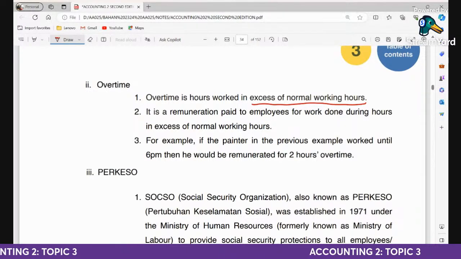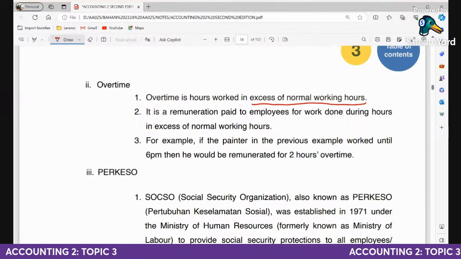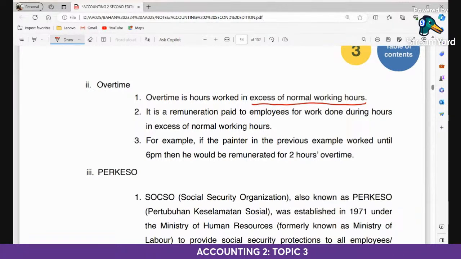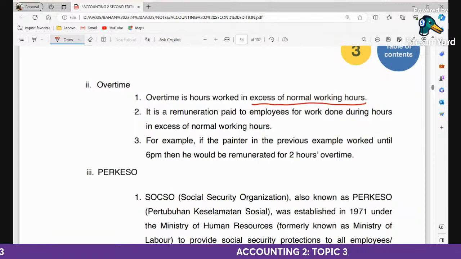Okay, and bila you bayar overtime kepada indirect labours, that means mungkin I bayar kepada Pak Gad yang jaga dekat depan kilang tu. Kita tahu Pak Gad itu walaupun dia bekerja di kilang, tapi dia ialah indirect labour. So the OT that is paid to this particular person is considered indirect labour cost.